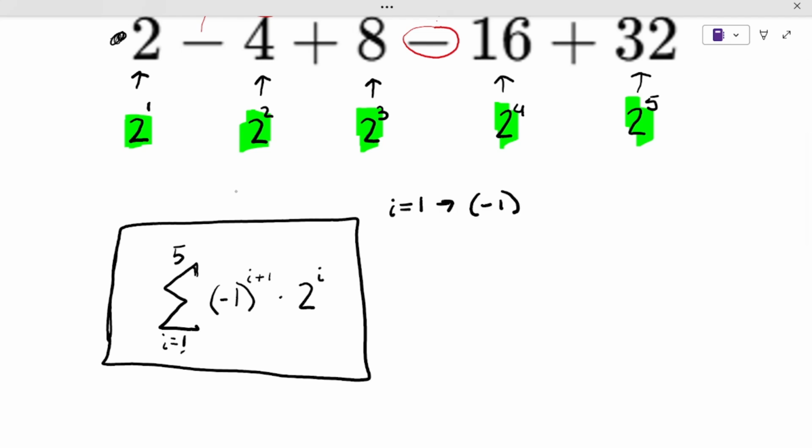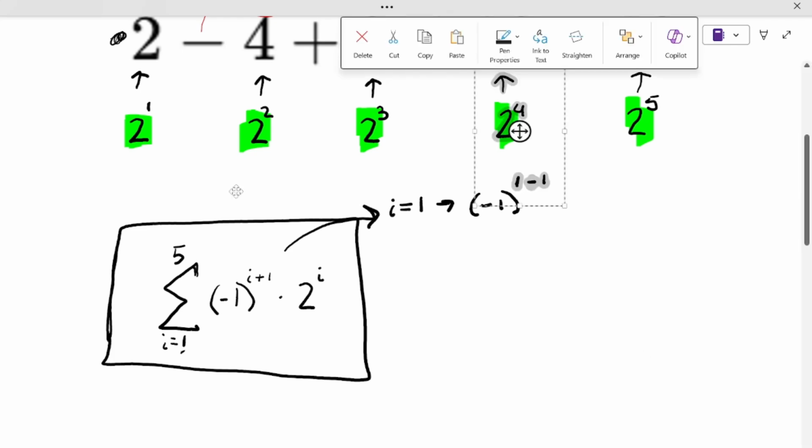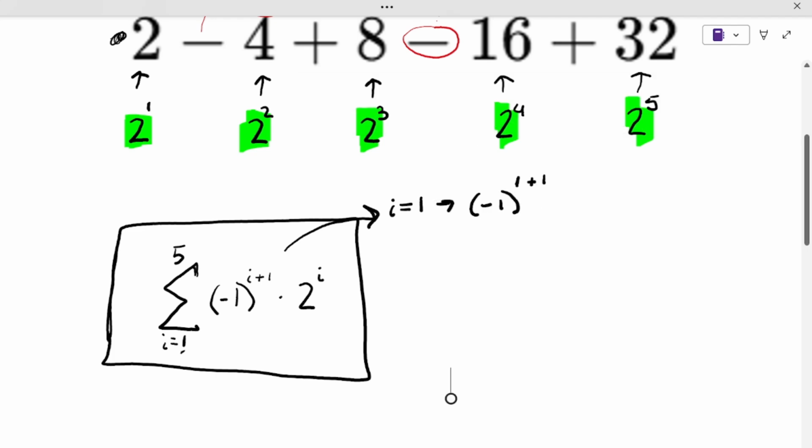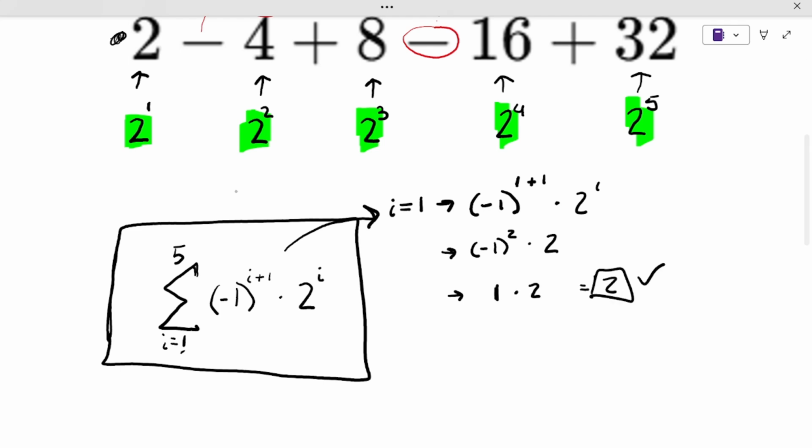So negative 1 to the 1 plus 1, again we're just subbing in 1 for I, times 2 to the 1. That'll get us negative 1 squared times 2, and a negative to the second power is a positive. So that's going to give us 1 times 2, which equals 2. So that checks out. Perfect.